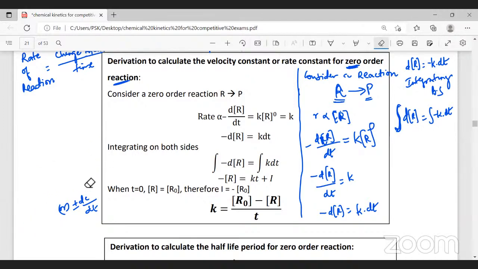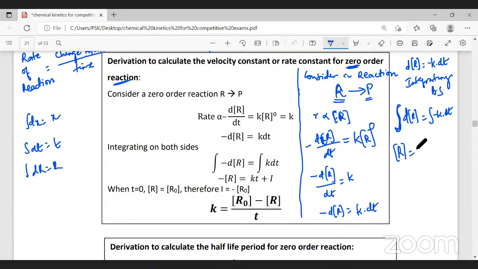Now, you should remember integral of dx is x. That means when you integrate dx, the answer you will get is x. When you integrate dt, the answer is t. When you integrate dR, the answer should be R. So the integral of dR is R, the concentration of R. R will be equal to, now on the right hand side, you have K and you have dt.